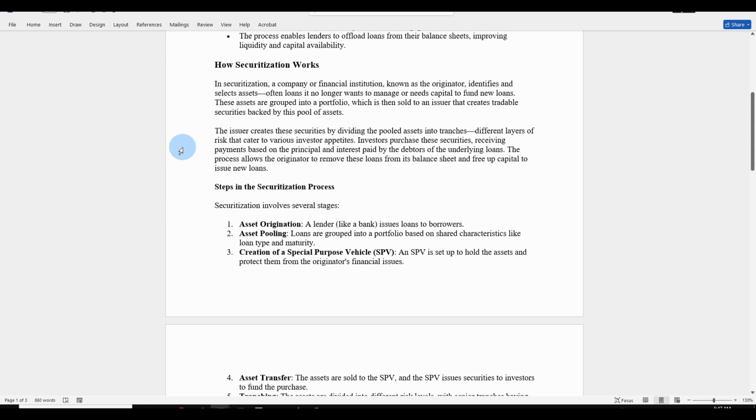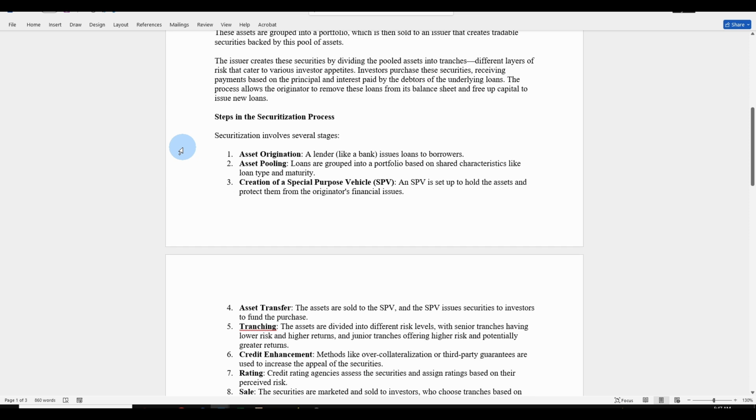The issuer creates these securities by dividing the pooled assets into tranches, different layers of risk that cater to various investor appetites. Investors purchase these securities, receiving payment based on the principal and interest paid by the debtor of the underlying loans. The process allows the originator to remove these loans from its balance sheet and free up capital to issue new loans.